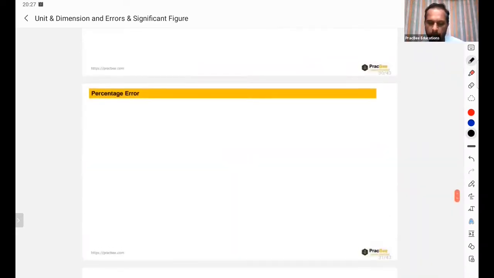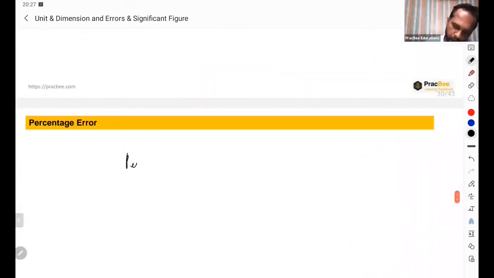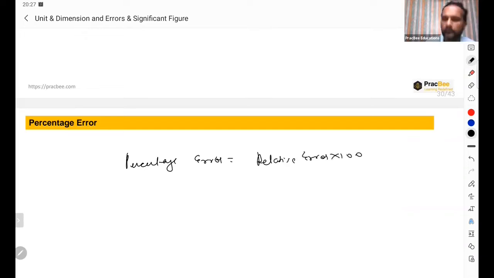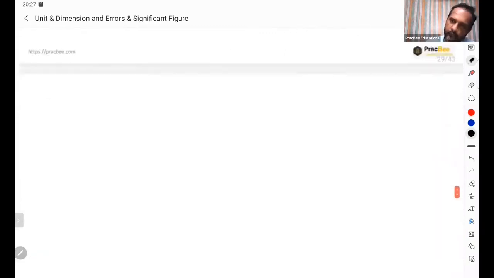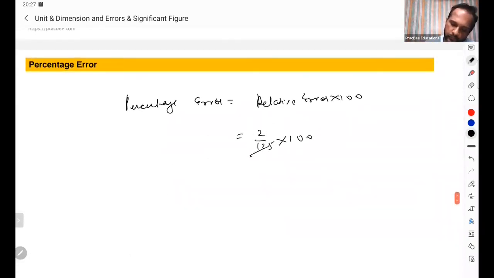Then we have percentage error. Percentage error is relative error into 100. That is 2 upon 125 into 100. So this is 8 by 5, which is 1.6%. So the error in our measurement is 1.6%.